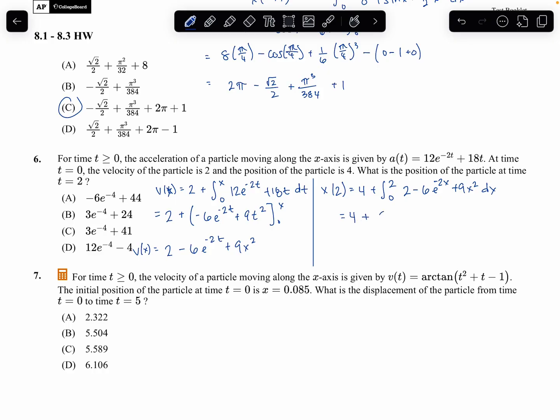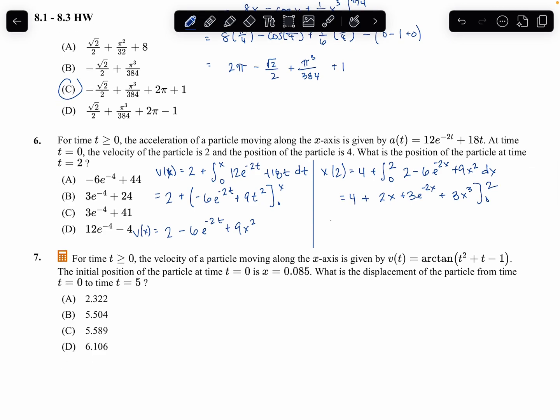That's going to be equal to 4 plus the antiderivative of 2, which is 2x. That will turn into plus 3e to the negative 2x, and then plus 3x to the third, from 0 to 2. That's equal to 4 plus, we're going to plug in 2.